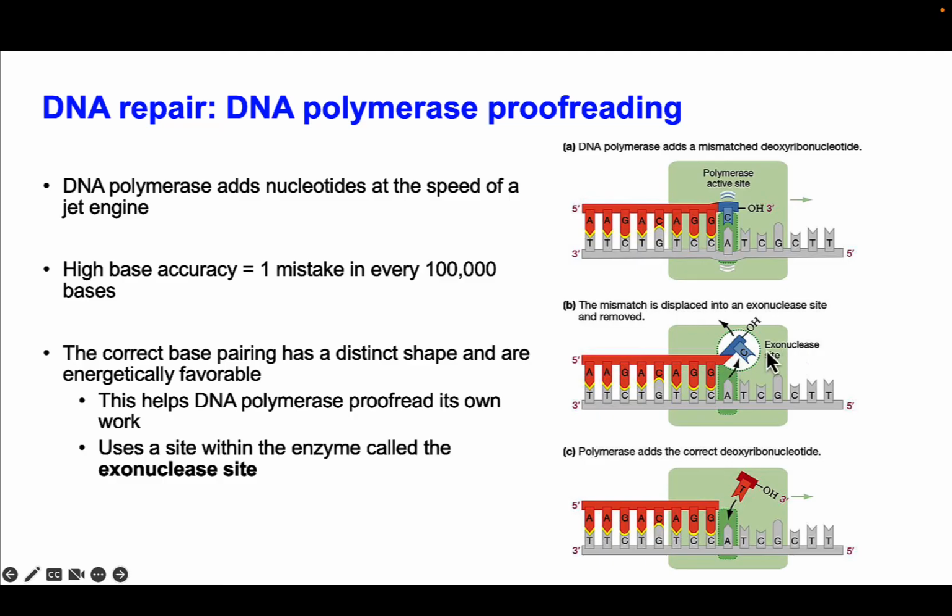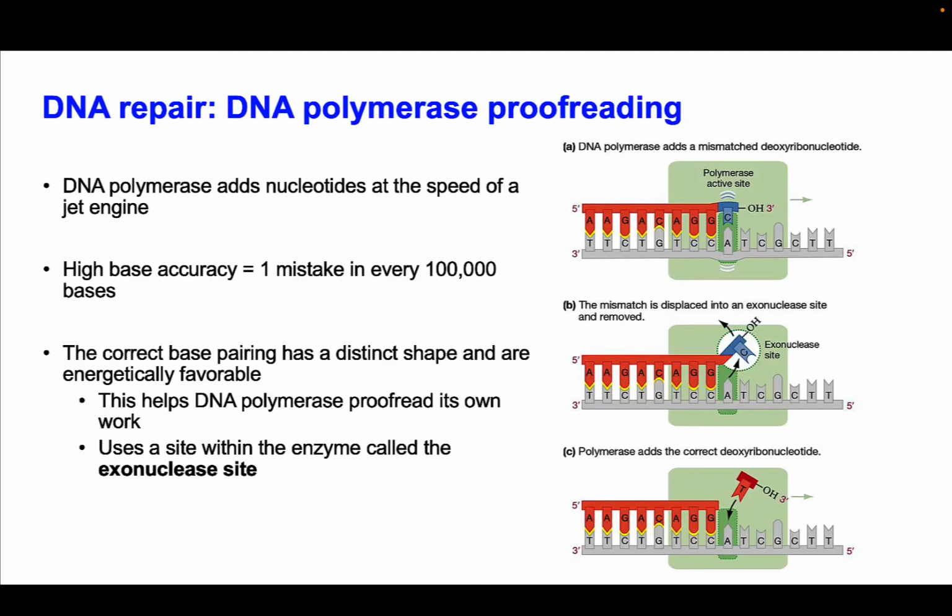This is an exonuclease because it's clipping out a nucleotide. And it's removed. Then thymine, which is the correct base, can bind to the active site where adenine was, and the polymerase will form a phosphodiester bond here, and keep moving down the strand in the 5' to 3' direction.